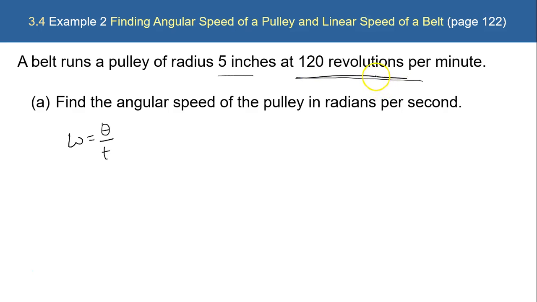Okay, so in 1 minute, this pulley makes 120 revolutions. So what this means is 120 revolutions per minute. We will have an angle of, so multiply it by 2 pi, because that's one full circle, that's one full revolution.